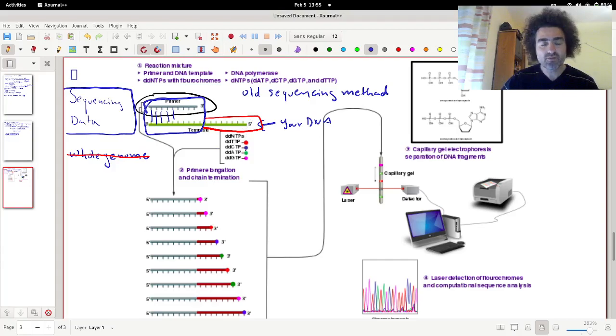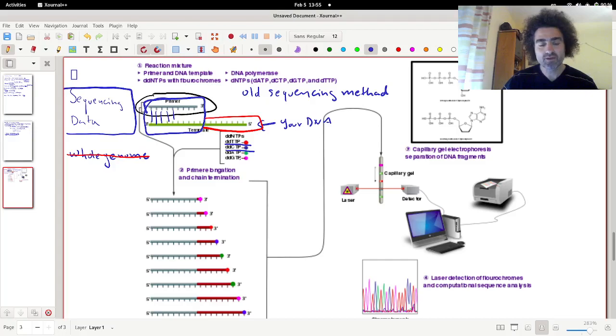On top of that you add a different fluorescent label or radioactive label at the end of each ddNTP. So for example the ddTTP, the thymine, has a red label, the ddCTP has a blue label, the ddATP has a green label, and the ddGTP has a purple label.